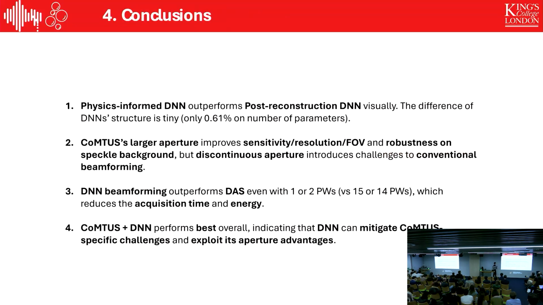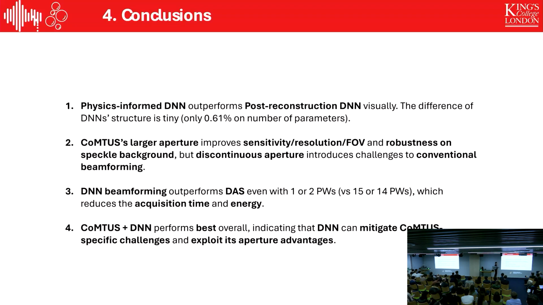So, conclusions. Firstly, the physics-informed deep neural network outperforms the post-reconstruction deep neural network, but the difference in structure is quite tiny, just the input channel. Secondly, COMTOS large aperture improves the sensitivity, resolution, and field of view, and it provides extra robustness on speckled backgrounds.